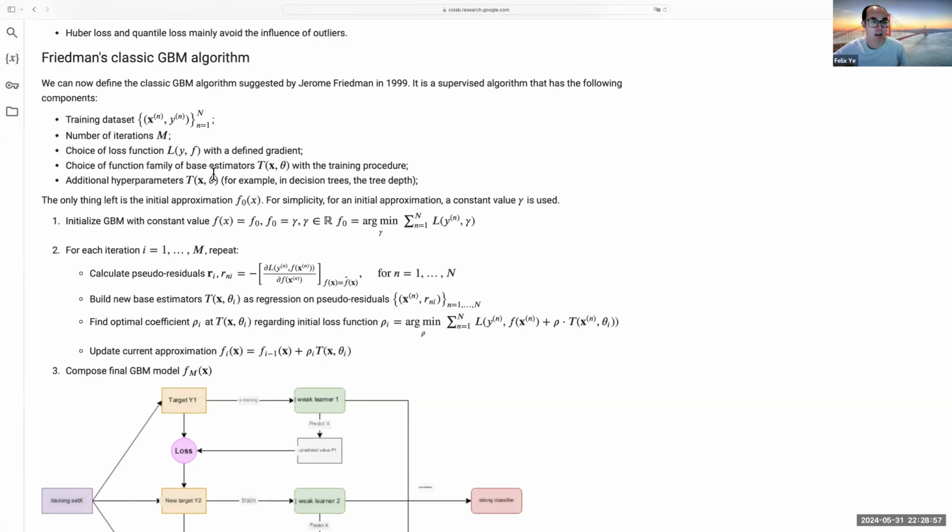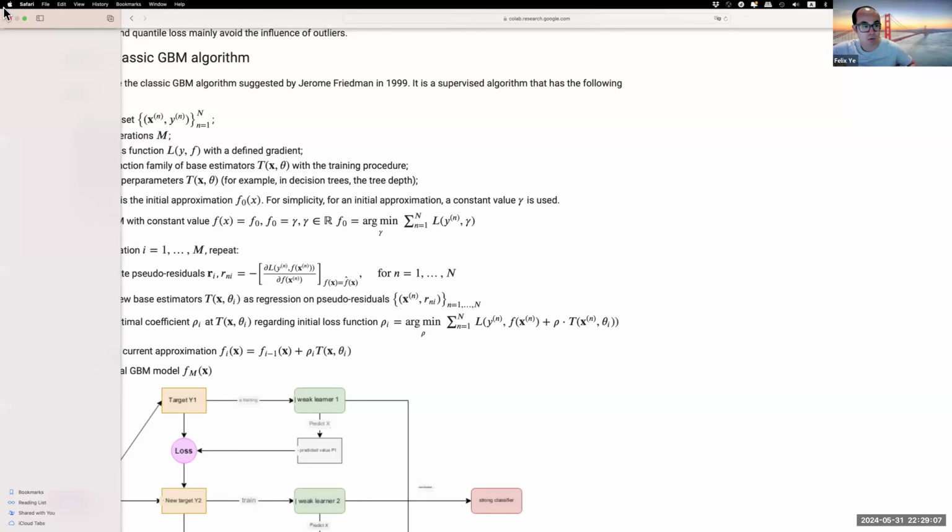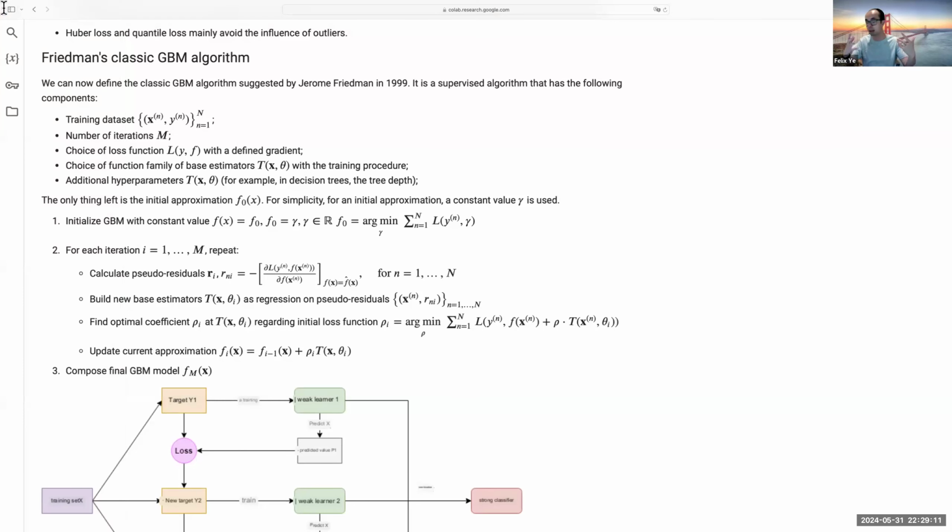It could be decision trees, like what we have talked about. There are also some hyperparameters that you could tune, for example, the depth levels of the decision trees.